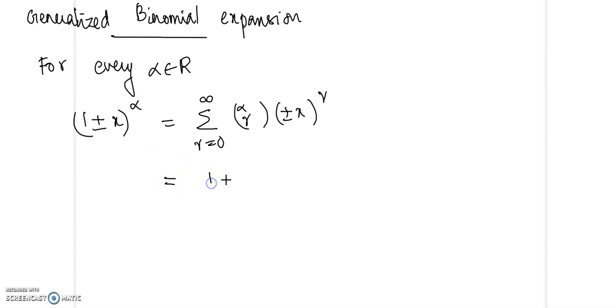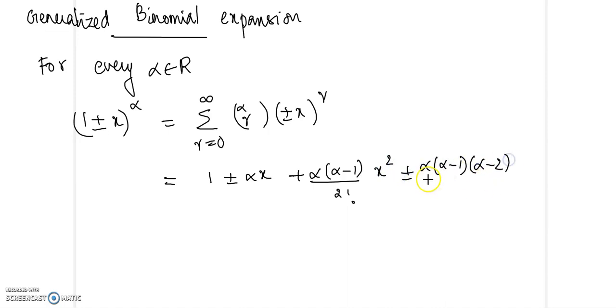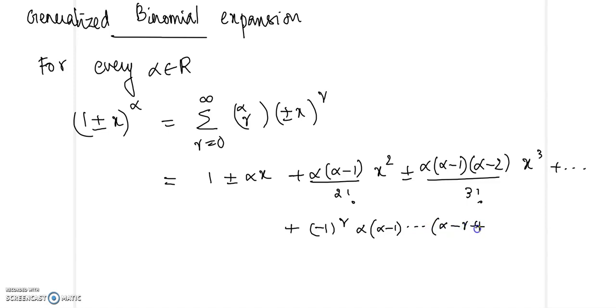When you expand it, you will get 1 plus or minus alpha x plus alpha into alpha minus 1 by 2 factorial x square, then plus or minus alpha into alpha minus 1 into alpha minus 2 by 3 factorial x cube plus etc. So the general term will be minus 1 raised to r alpha into alpha minus 1 up to alpha minus r plus 1, x raised to r by r factorial, plus etc.